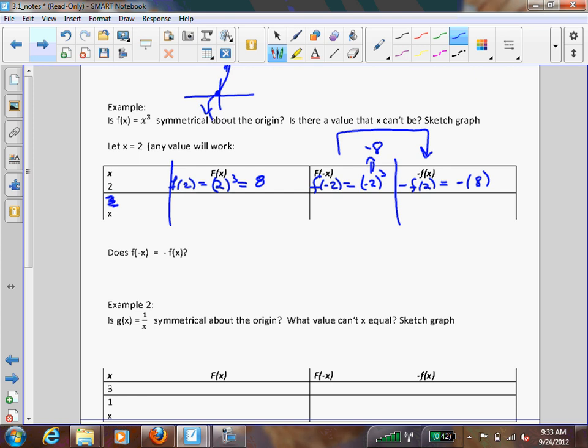You're going to get credit for showing the next step, which is the manipulation of the function with x in it. Okay? So this is what you want to do. What is f of x? Well, f of x is equal to x to the third, right? What is f of negative x?